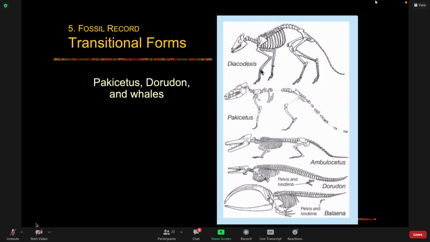Diacodexus is one of the older ones, and then Ambulocetus, something much, much later. And then when we get down here, Dorudon is fully aquatic and so forth, and it's lost a lot of its hind legs. So there's a good fossil series that ties whales to a land ancestor. And so we do have these transitional forms.